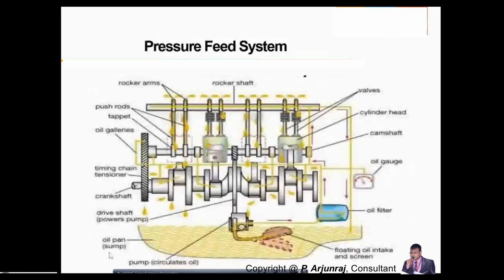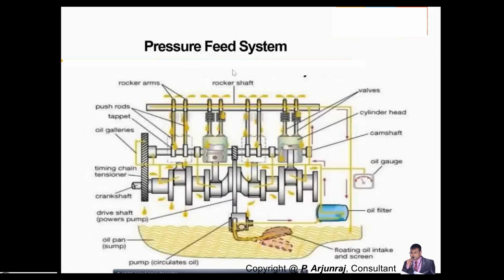When I say lubrication system, it's basically the oil. When I say cooling system, it's basically a coolant, ethylene glycol. You are going to store oil, and the oil gets transferred by pumping with the help of the oil pump.